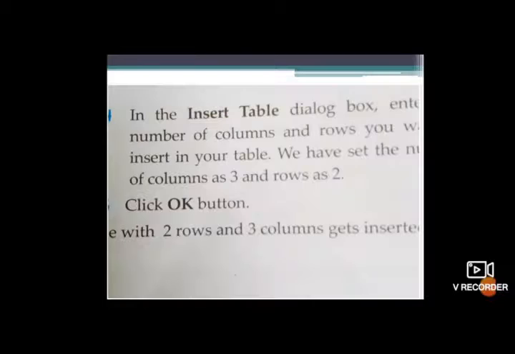Then step 4, in the Insert Table dialog box, enter the number of rows that you want in your table, and enter the number of columns that you want in your table. Here we can create columns as 3 and rows as 2. Then, once the number of rows and columns are entered, click the OK button.